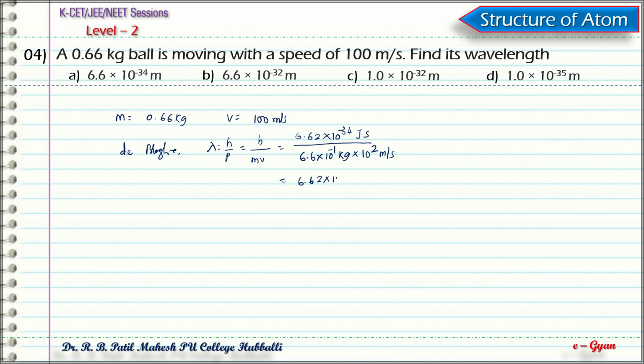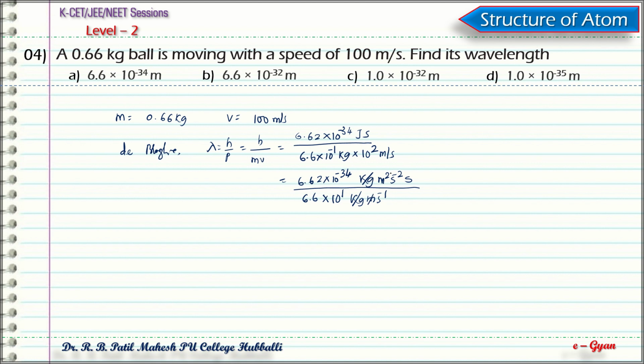Joule can be written as kg meter square per second square, and second as it is, divided by 6.6 into 10 to the power minus 1, 10 to the power plus 2, which is equal to 10 to the power plus 1 kg meter per second.